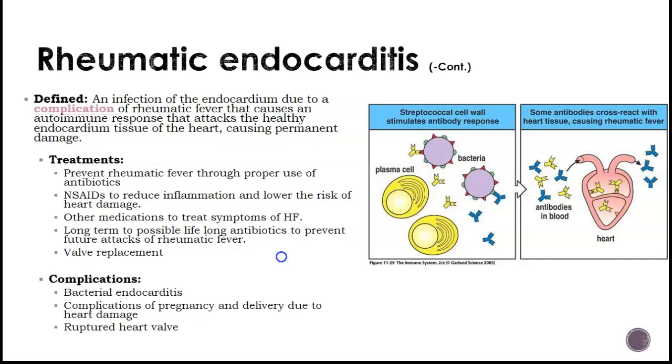Ways to help treat it are prevention, the proper use of antibiotics, NSAIDs to reduce inflammation and lower the risk of damage, and other medications to treat if patients are at risk for heart failure. They may need valve replacement depending on the extent of the damage, and they might also need lifelong antibiotics to prevent further attacks of rheumatic fever.